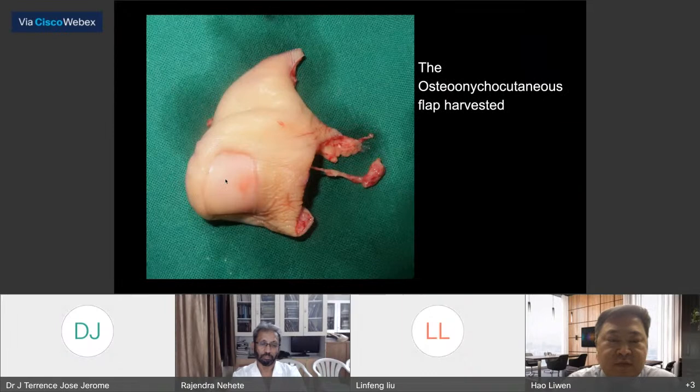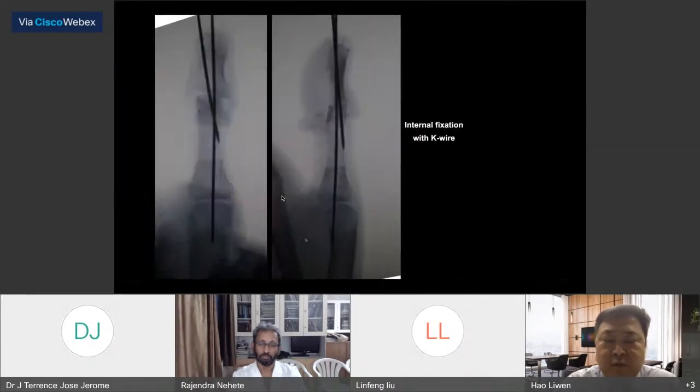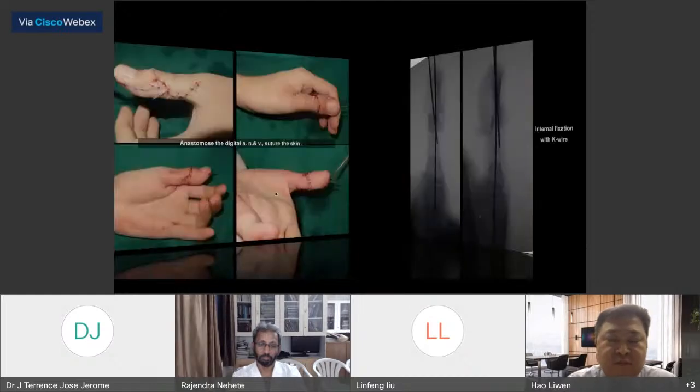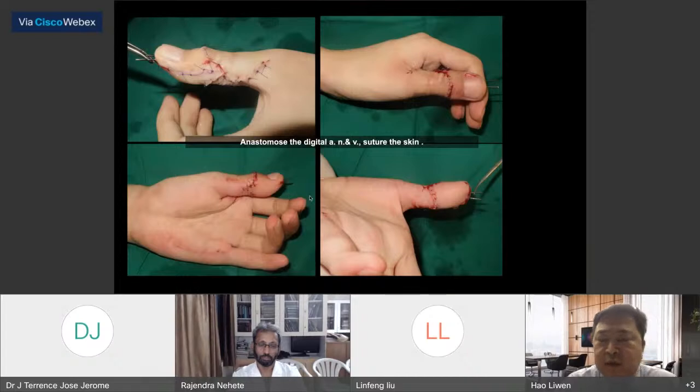This is a flap from the great toe, and we transfer it to the thumb, fix the phalanx, and then we anastomose the artery, the vein, and the nerve, and then suture the skin. This is the appearance during the operation.